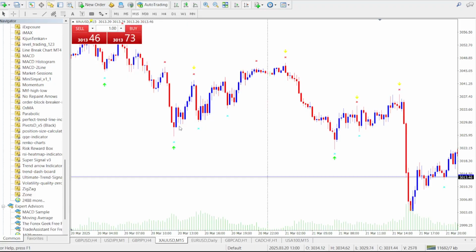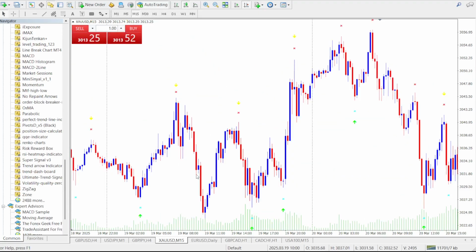If you enter a buy trade, you can set your stop loss below the previous swing low. The green arrow also acts as support, reinforcing the bullish move. Then if a cross appears below the price, it further confirms an upcoming bullish move.